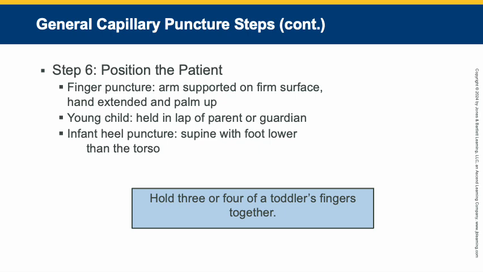The parent holds the infant upright over the left side and shoulder so the child is comforted by the parent's heartbeat. This position also lets gravity assist blood flow to the dangling foot. When you are sticking a toddler's hand, hold 3 or 4 of a toddler's fingers together.